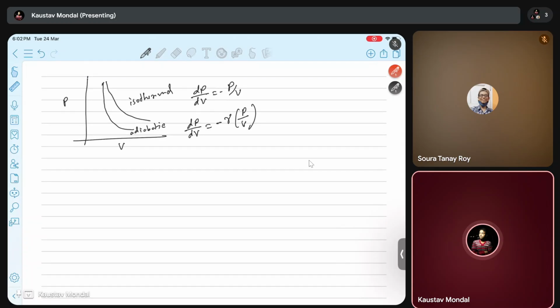So that expression is also derived. That is dT by dH is equal to minus (gamma minus 1) by gamma into gM by R. Okay, it's known as the lapse rate in atmosphere.